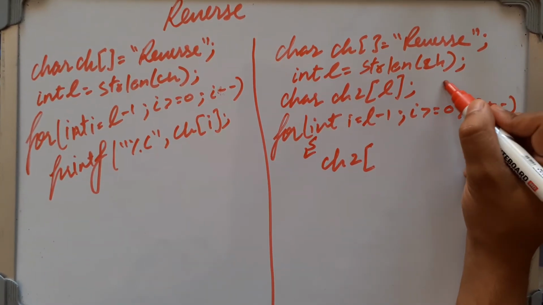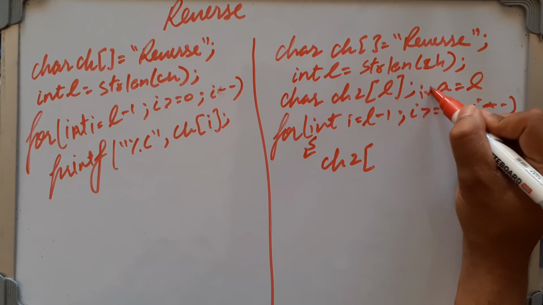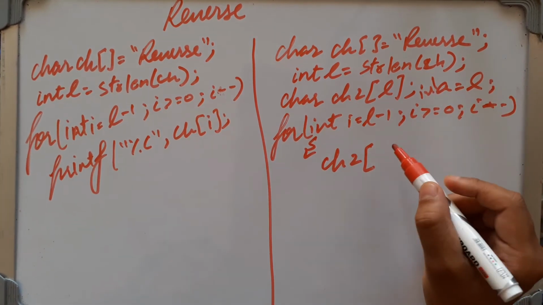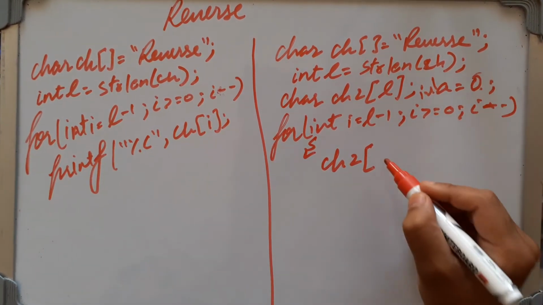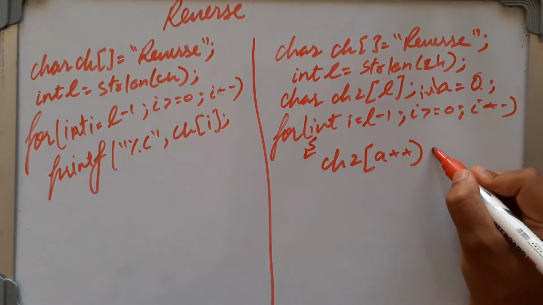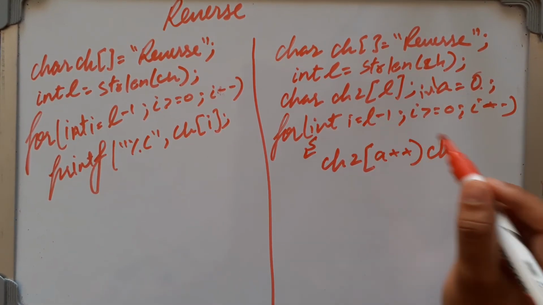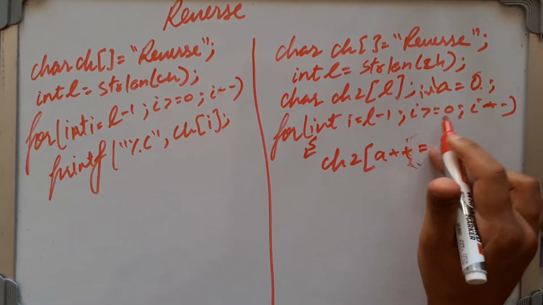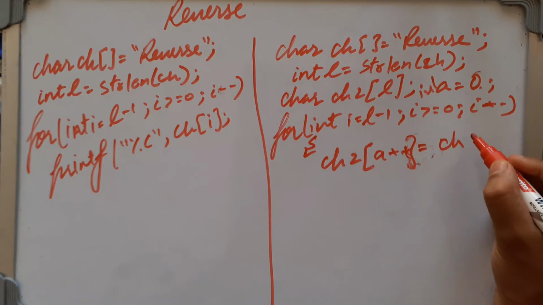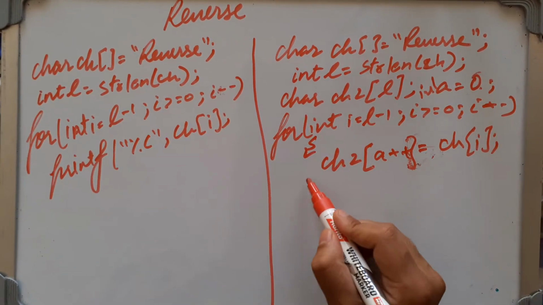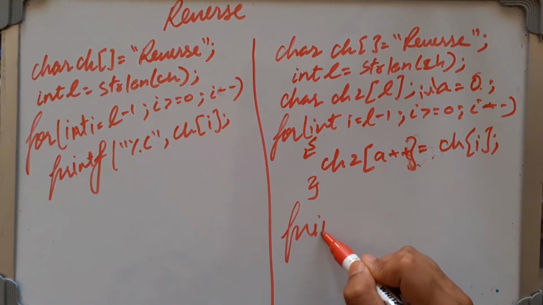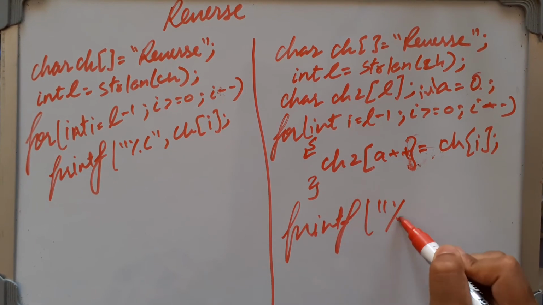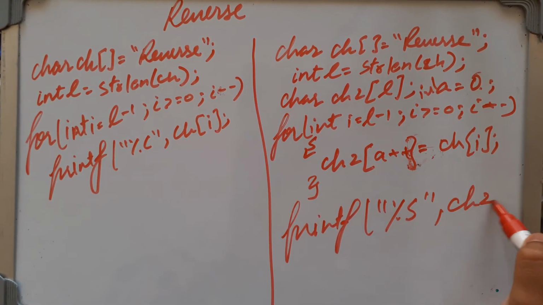You can start with int a equals to L. You can divide here, and a equal to 0, sorry, and a plus plus, and ch2 a plus plus equal to ch of I, and then you can do printf %s ch2.